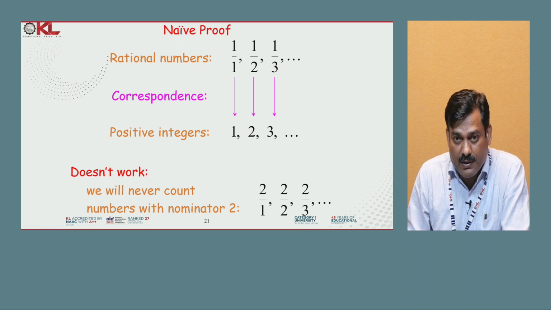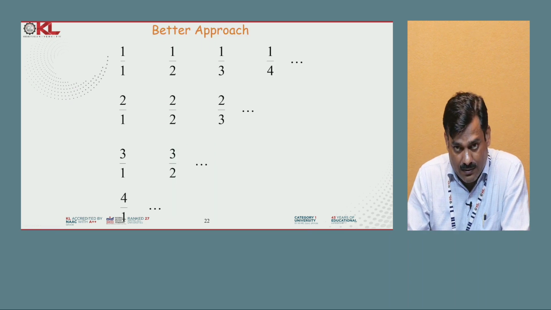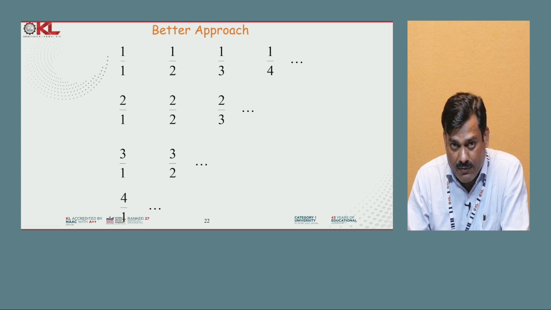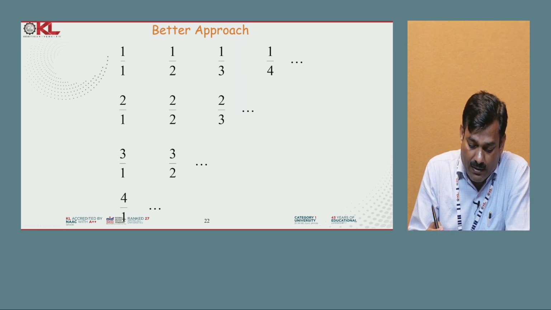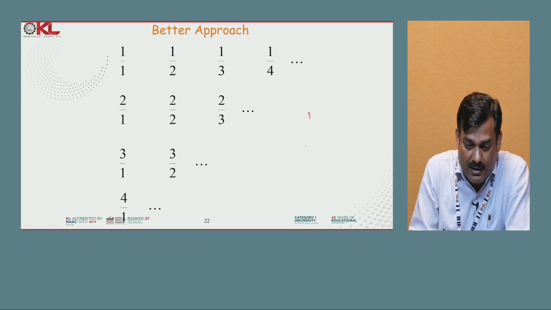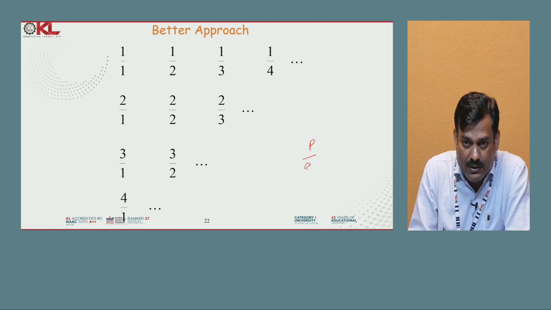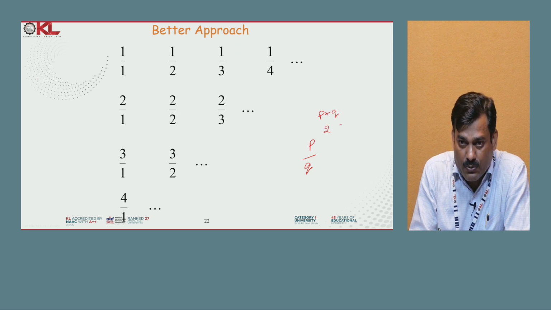So we will discuss another approach to prove that the set of rational numbers is countable. In the first row we have denominator 1, in the second row denominator 2, and in the third row denominator 3. Rational numbers can be represented as p by q, and we find p plus q, say 2, 3, 4.